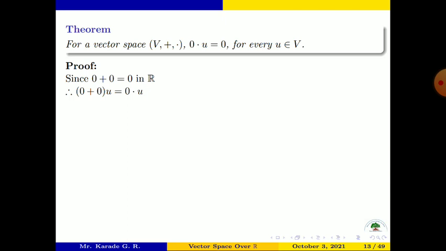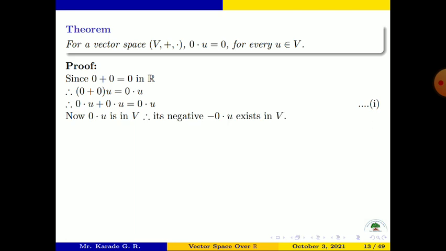We have a distributive law, and in the next line we get 0 into u plus 0 into u is equal to 0 into u. Now 0 into u is a vector in V, therefore its negative, minus 0 into u, exists in V.